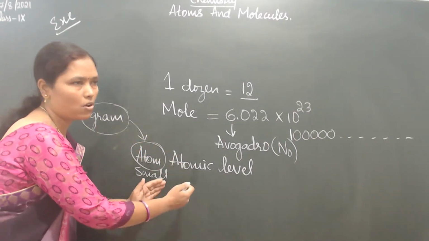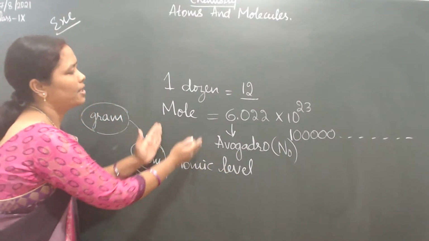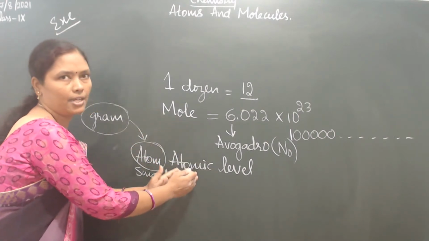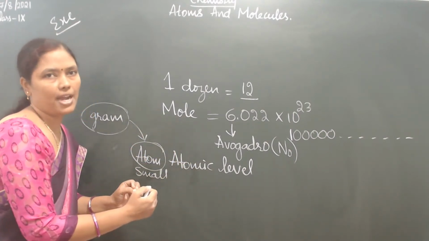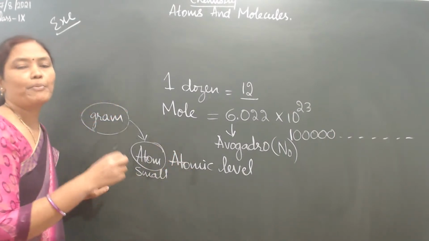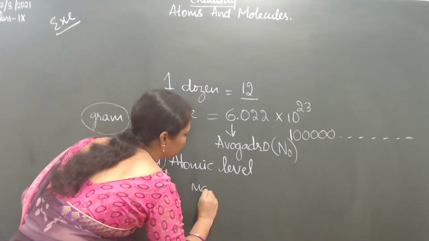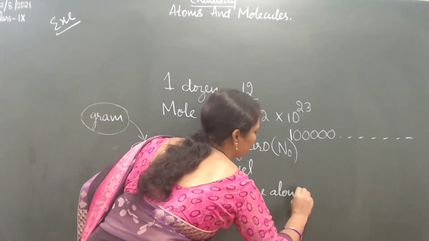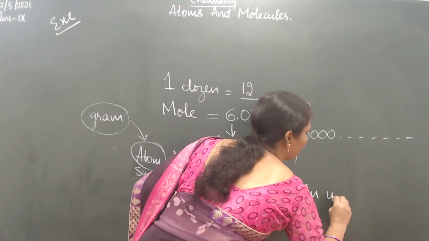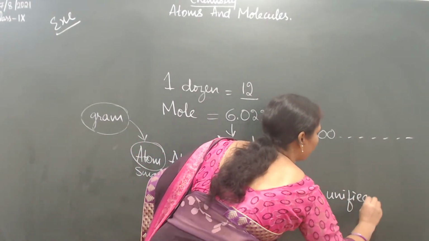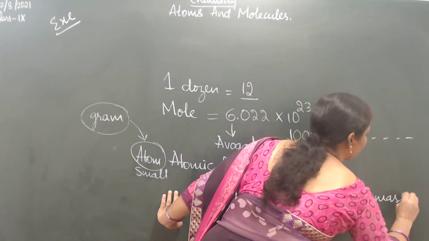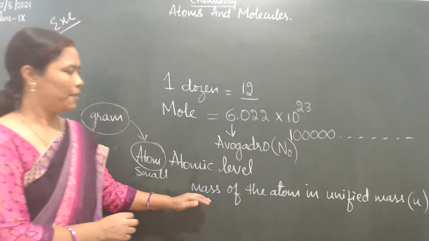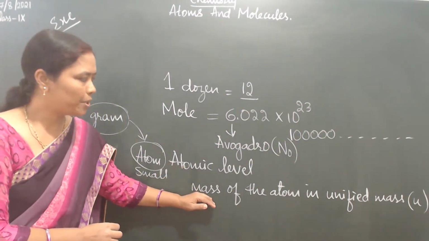So when we talk about the atomic level, this mole number is used to measure the mass of the atom. We measure the mass of the atom in unified mass.